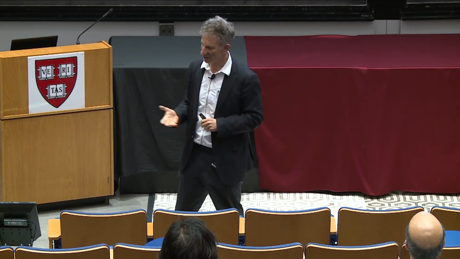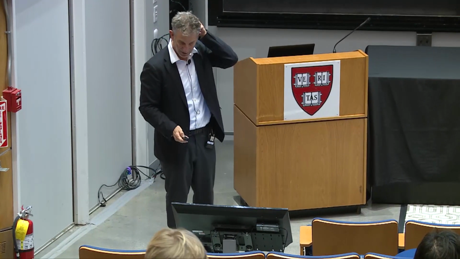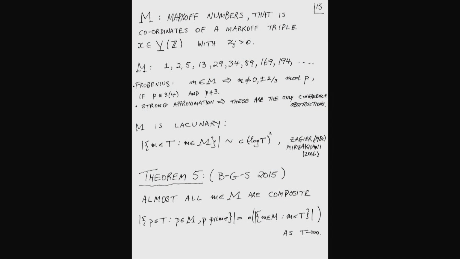And this opens that door, and it allows us to prove theorems about Markov numbers, which I think I've spoken about before here some years ago. Bourgain, Gamburd, and I were able to answer some questions of Frobenius about what Markov numbers are modulo P. We still have this weakness that we don't know all P, but it was enough to do a sieve and even use some work of Mirzakhani to show almost all Markov numbers are composite.